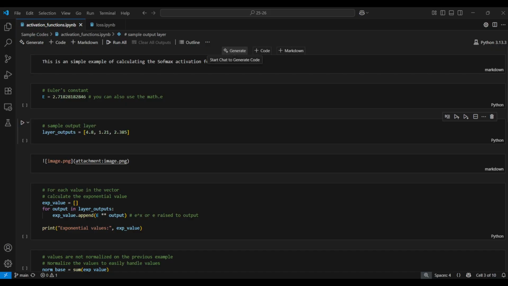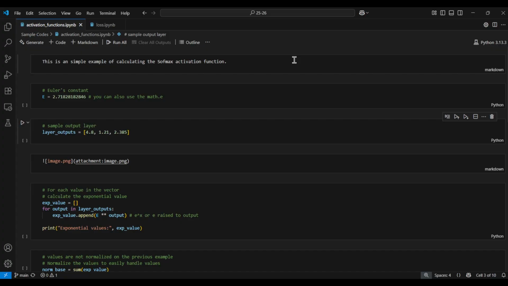But now I will explain specifically the softmax function, and how we perform it, the Euler's constant, and some techniques to handle certain problems when dealing with floating numbers.